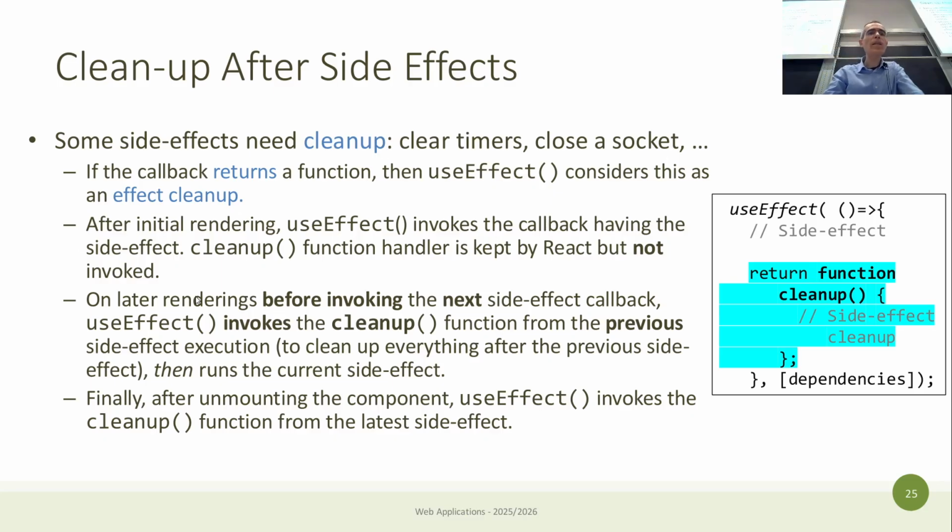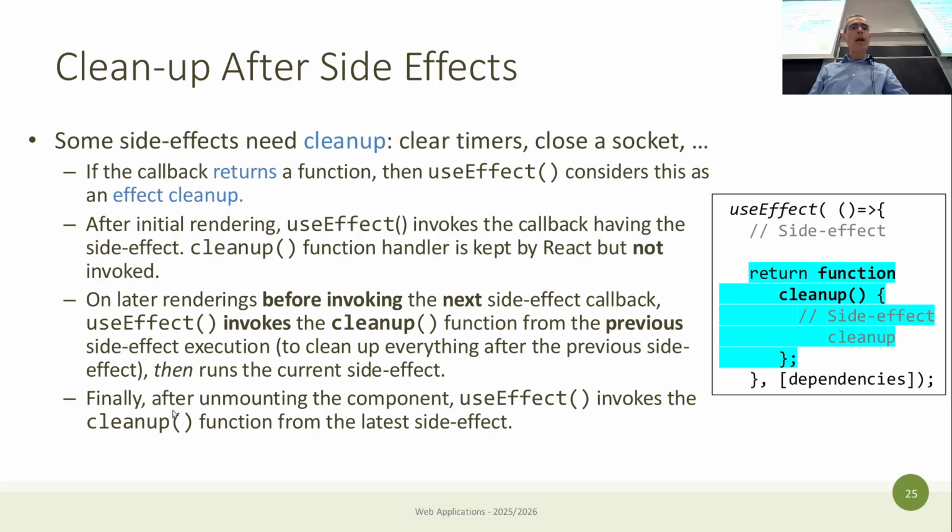On later rendering, before invoking the next side effect callback, so in the commit phase, the useEffect invokes the cleanup function from the previous side effect execution. So it stores the reference to this function that you passed in at the previous step. It cleans up everything, and then it runs the callback.